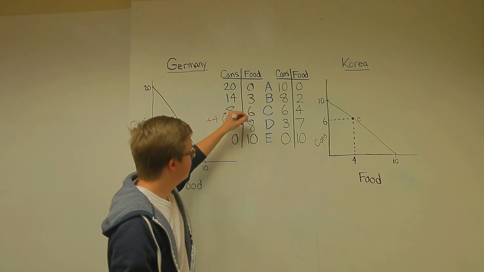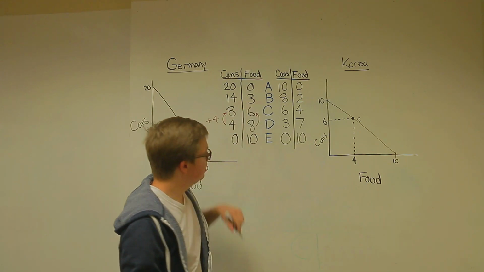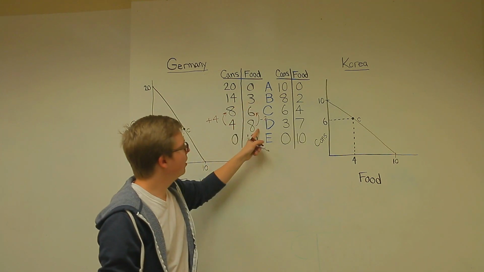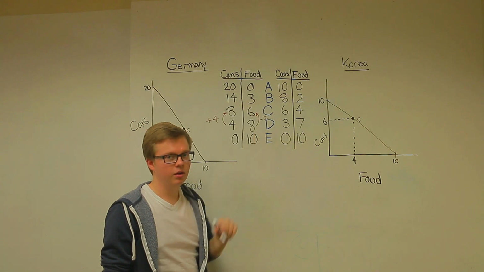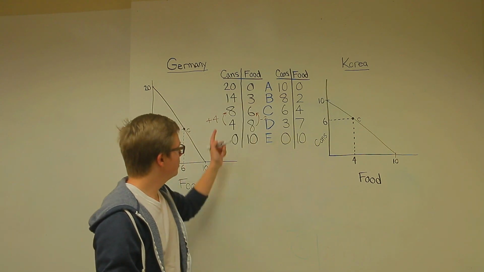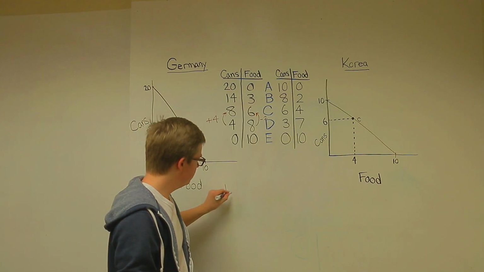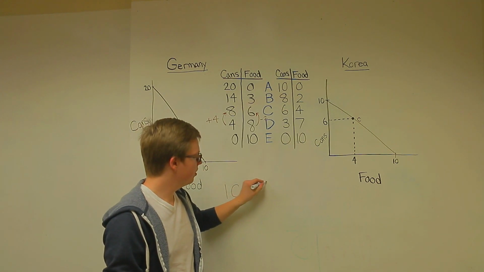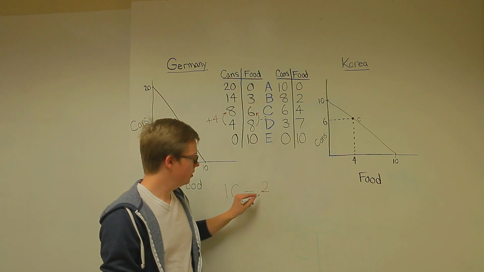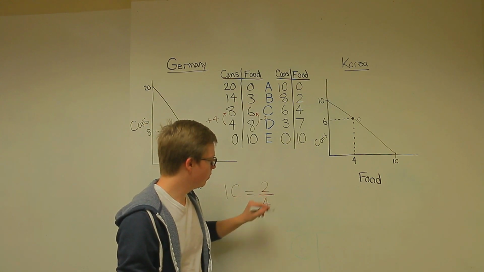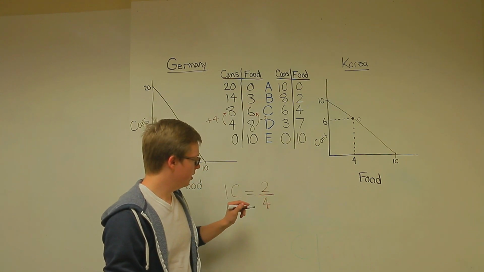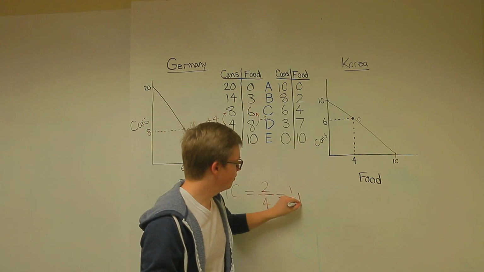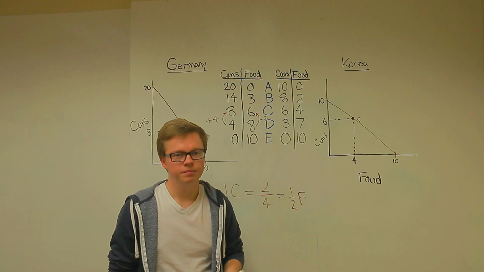If they do that, they have to move from here to here. They have to produce 2 units fewer of food. So that tells you that to produce 1 can, they have to give up 2 units of food for every 4 cans. And so the price of 1 can is half a unit of food for Germany.